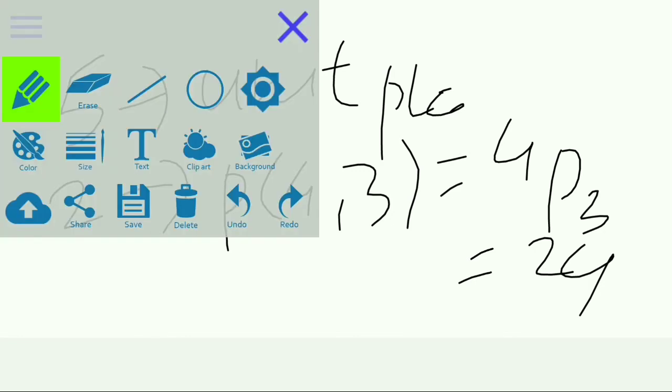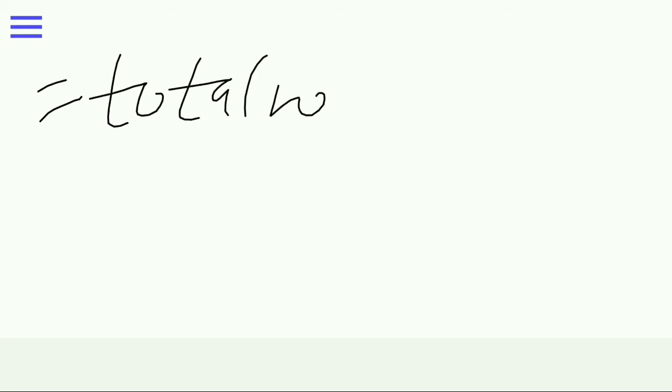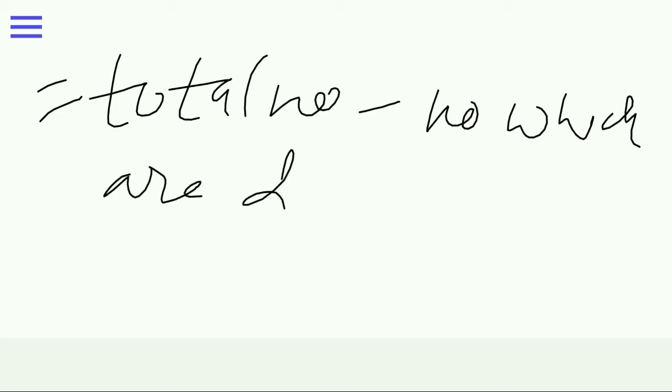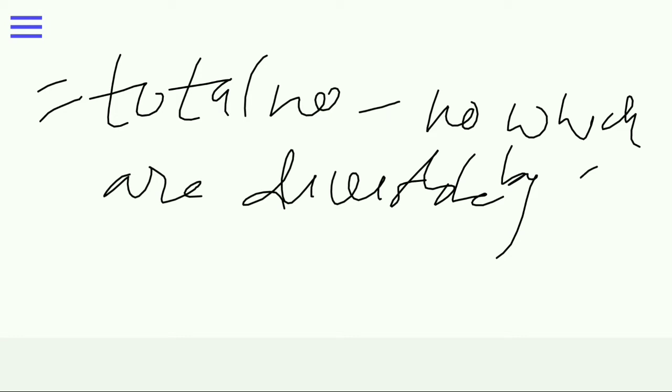And for the third part, it asks how many of these numbers are not divisible by 5. So the number of 4 different digit numbers which are not divisible by 5 equals the total number minus the number which are divisible by 5.